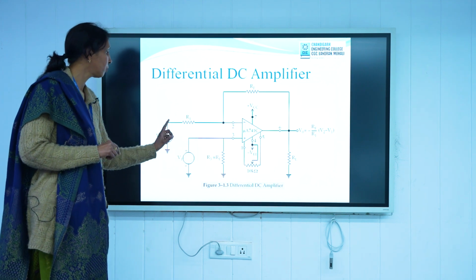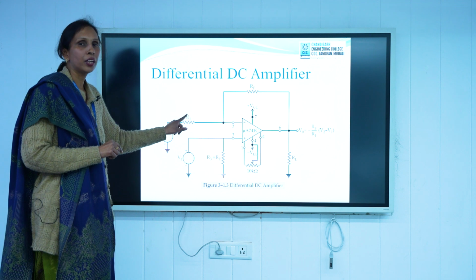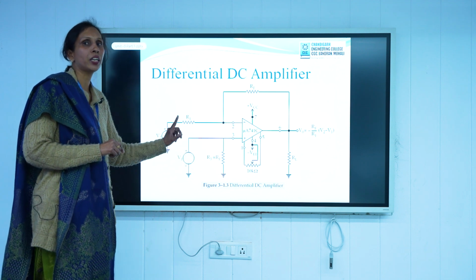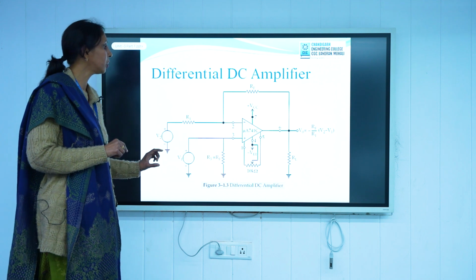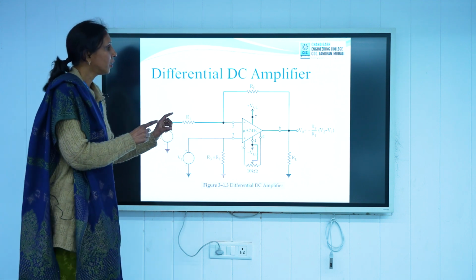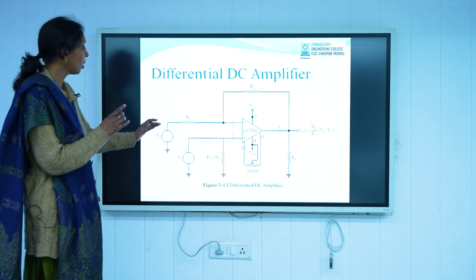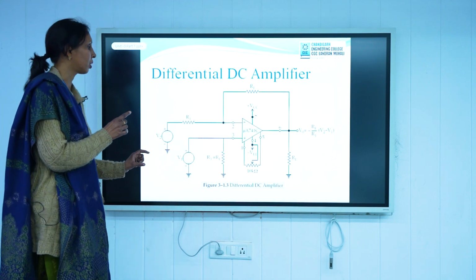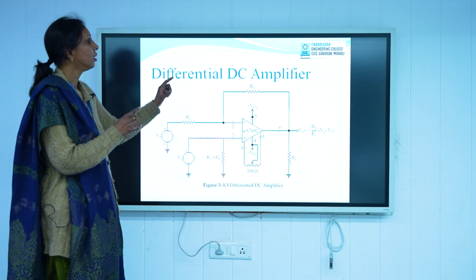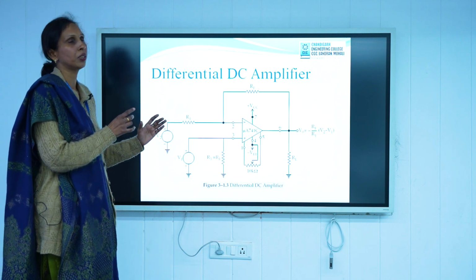But here we are providing input to both terminals. So the output will be in terms of the difference between the two inputs provided to the inverting and non-inverting terminals, because differential means the output is always the difference between the two input terminals.